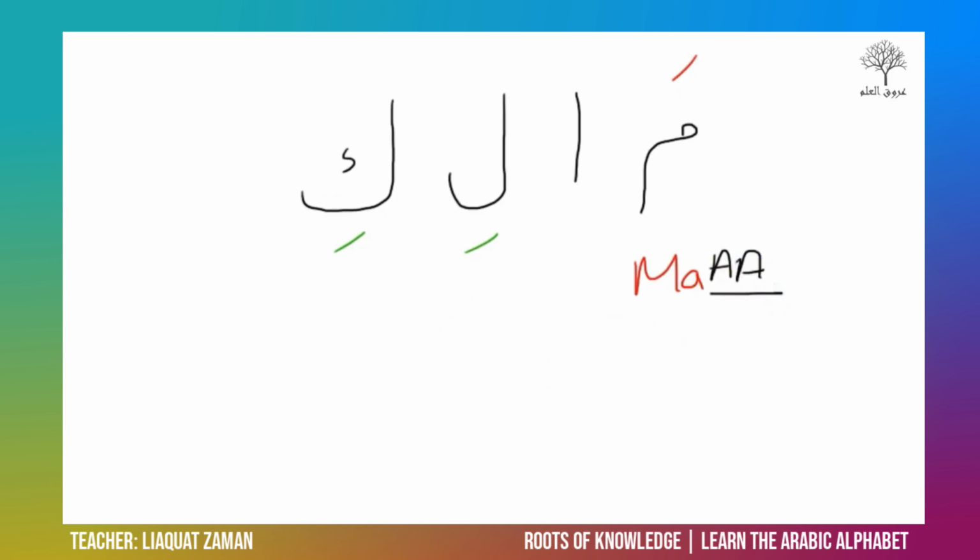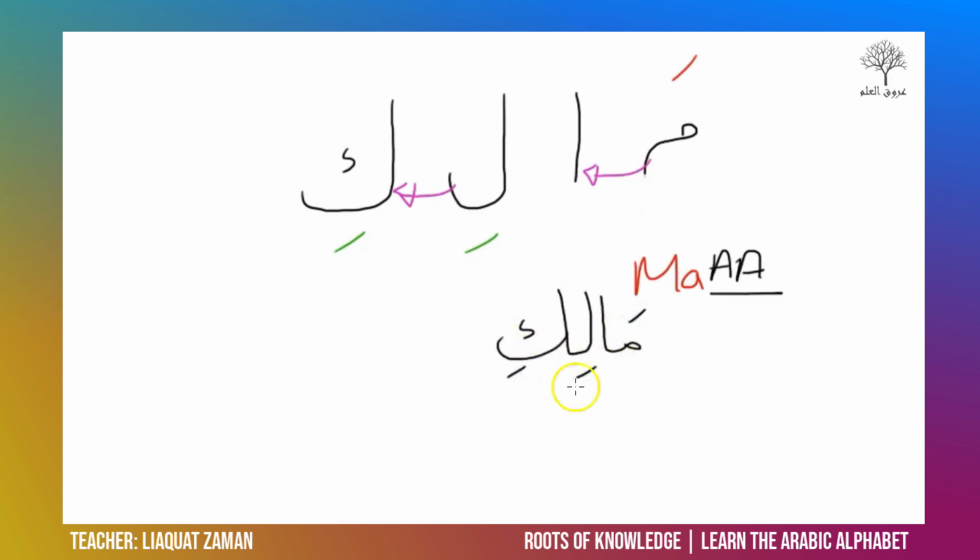And now if we were to join all those together, it's going to come out something like this. So ma is joined to the alif, ma, and the alif doesn't join, so the la joins to the ka. Okay, so if you were to rub that out, then it looks a bit like this. So let's write it out once again clearly. So ma liki.